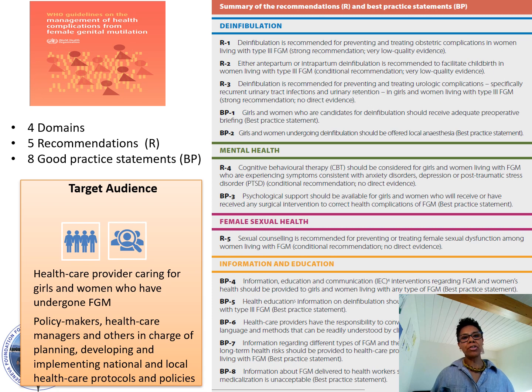A brief overview. The guideline is organized around 4 domains: de-infibulation, as you can see in blue, mental health, female sexual health, and information and education. There are 5 recommendations, as you can see, R1 to R5, and there are 8 good practice statements, BP.